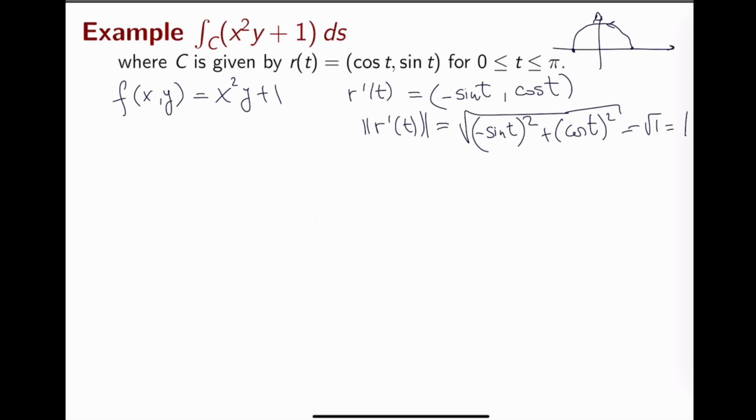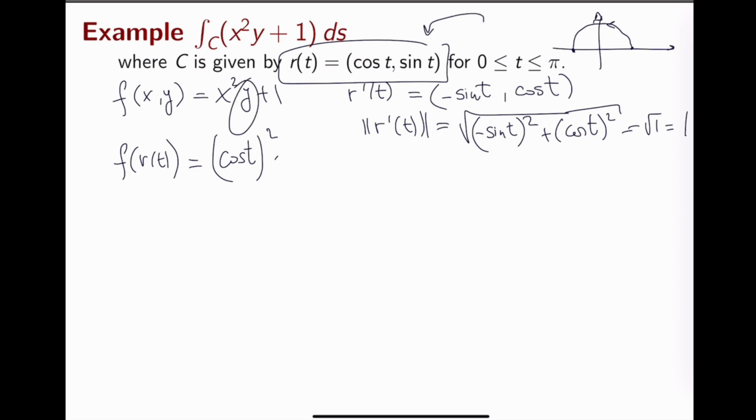So we got the norm of the derivative, that is one of the things that we need inside of the integral, and we also need the function evaluated at the curve. So let's calculate the function evaluated at the curve. The function is this one, and we have to take now as x, y the values of the curve. The first thing to evaluate is x squared, so we put cosine squared of t times y. Well, y is sine of t, so that will be times sine of t, and then plus 1.